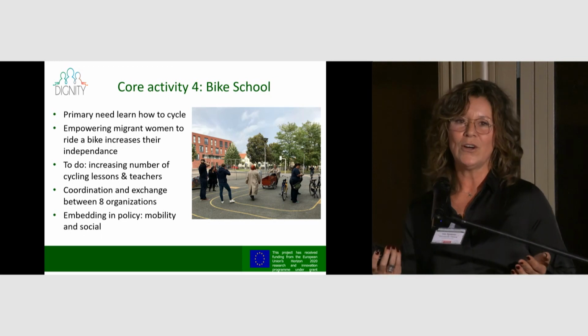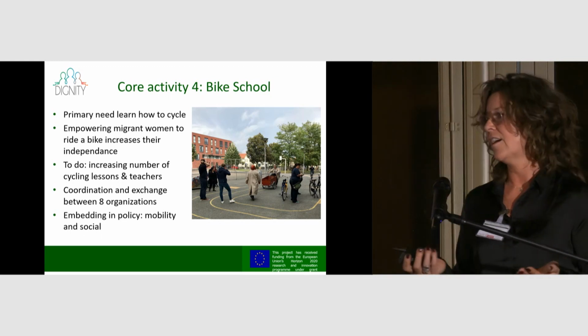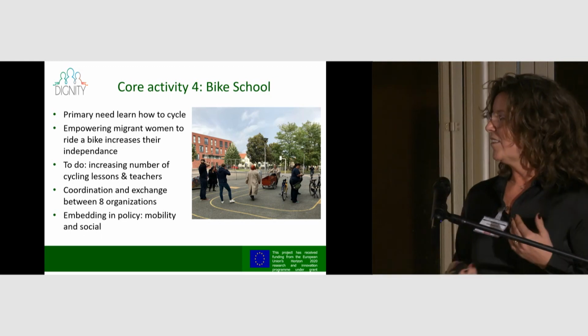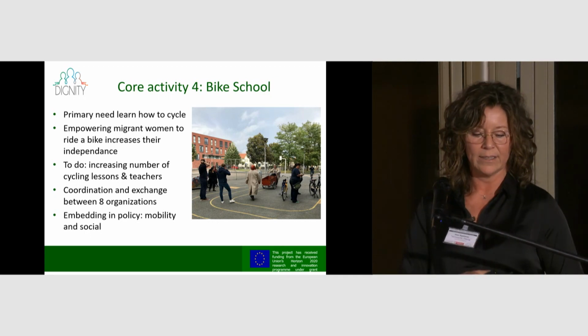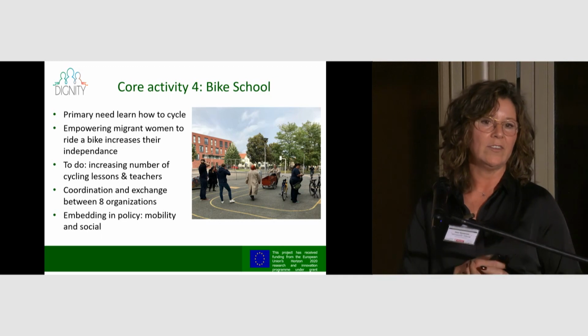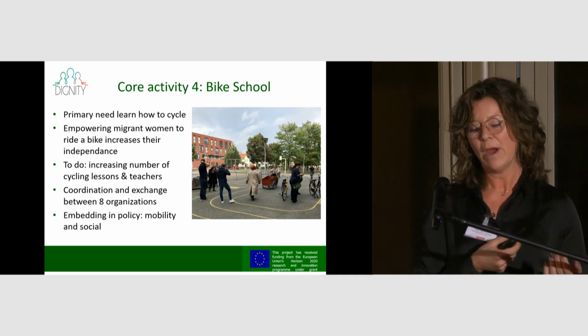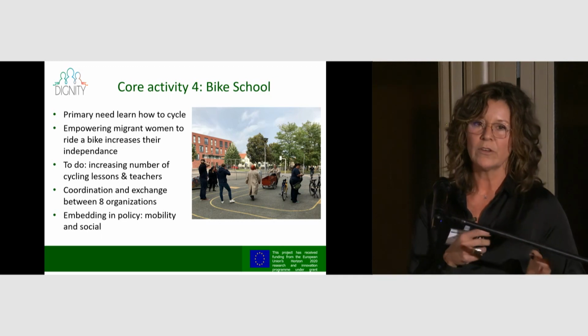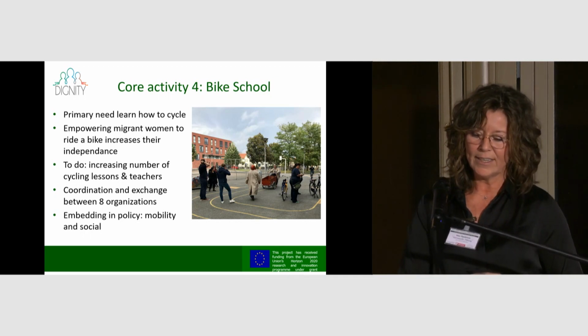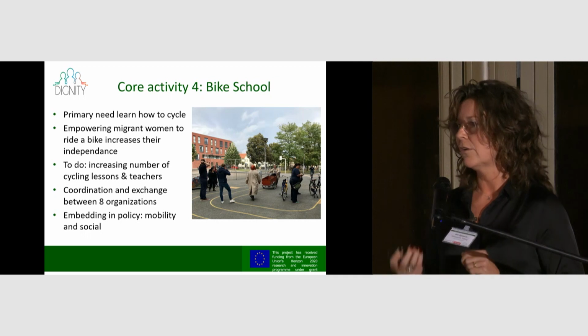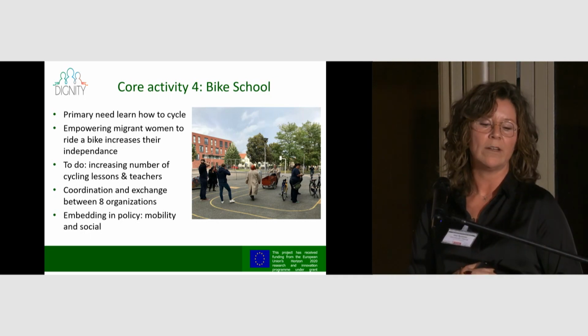And as you know, the Netherlands is a cycling country. So cycling is a cheap way to get from A to B, and we held some workshops with the migrant women, but also with organizations who organize those cycling lessons, the cycling teachers, but also several policymakers as well.